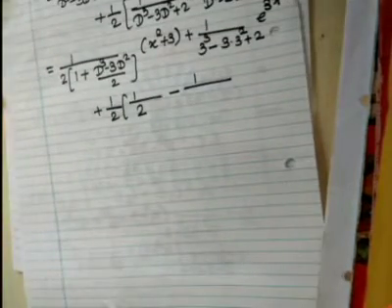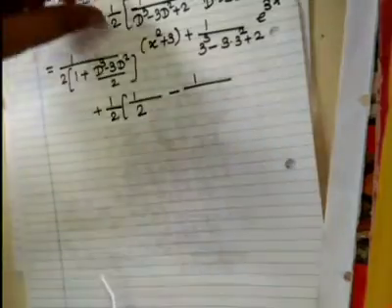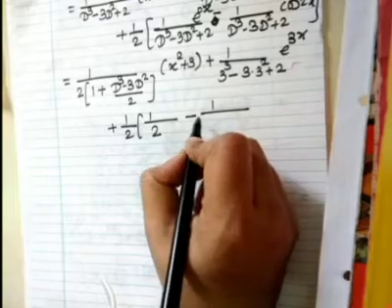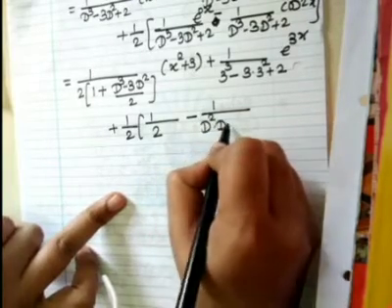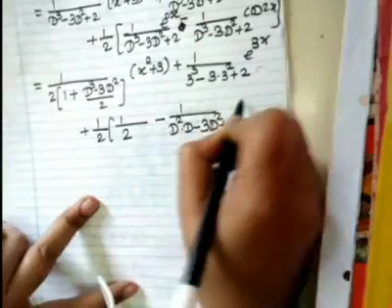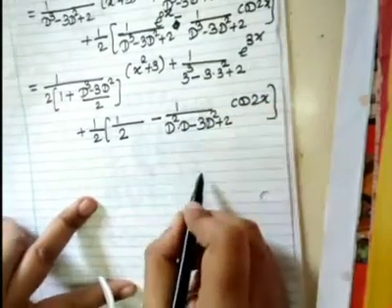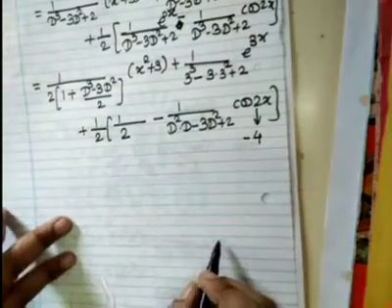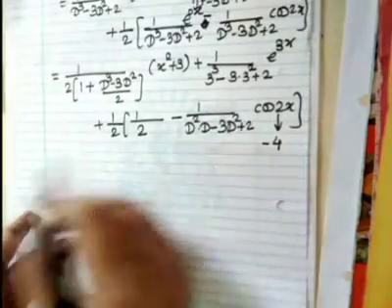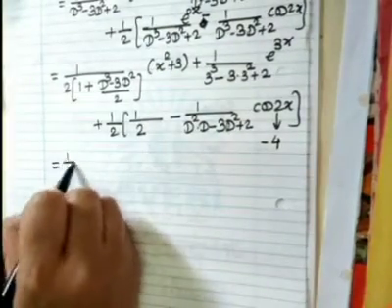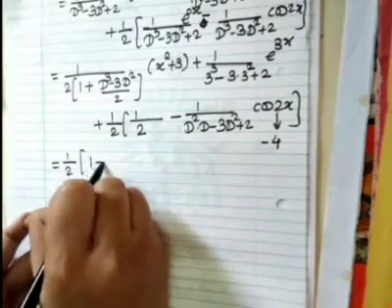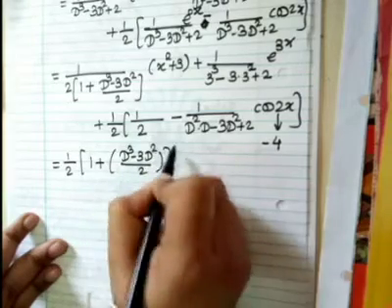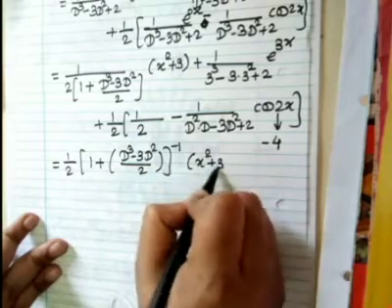Okay. Then first function done, second is done, third is done, last it is cos 2x. So as it is cos, we should write it into D square. So D cube minus 3D square plus 2 into cos 2x. So here we'll square this and we'll give negative sign, that is minus 4, and we'll put in the place of D square. So next step is 1/2. We'll take this to the numerator, 1 plus D by 2 inverse on x square plus 3.